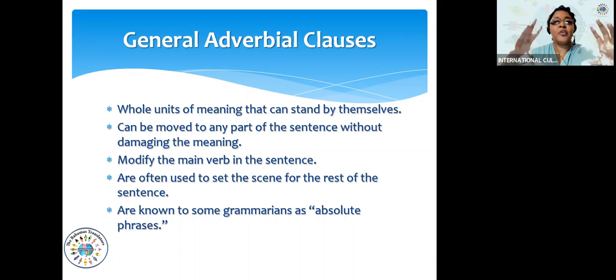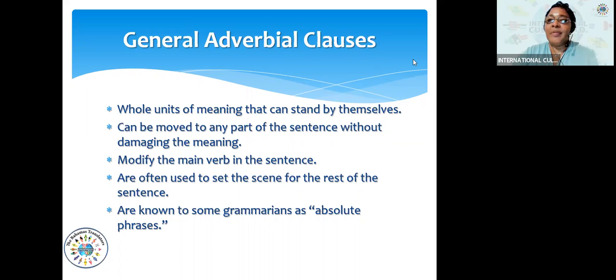When you have an adverbial clause per se, you can move it and your idea still works because it works seamlessly. Now, one of the things is that they modify the main verb in the sentence. Very often, they're used to set the scene for the rest of the sentence, like to create the environment, a precedence. They are also known as absolute phrases.